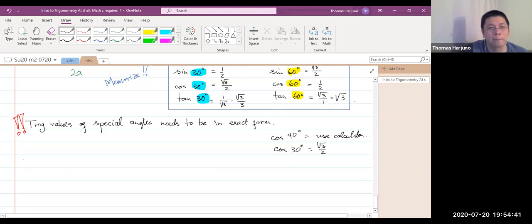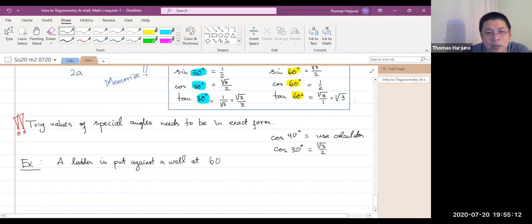Suppose, for example, a ladder is put against a wall at a 60 degrees angle to the floor.